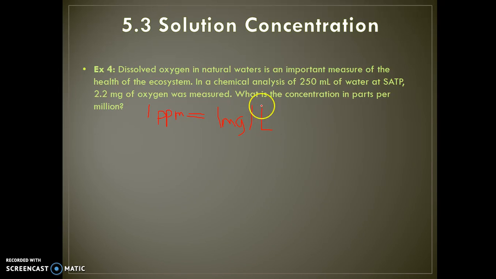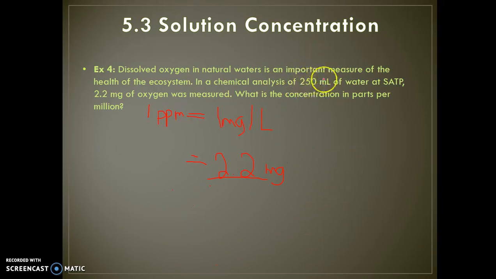And this is the one I really like to deal with, not with the milliliters. So 1 milligram per liter. All I need to do is change the things on here to match this. I have 2.2 milligrams, so I don't need to change that at all. So this would be 2.2 milligrams per liter.